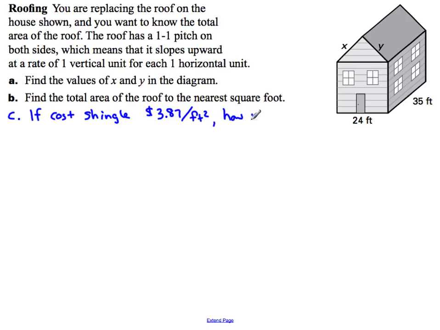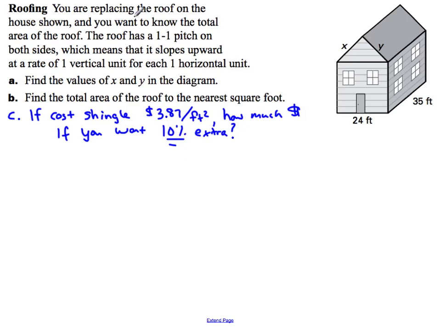How much would it cost if you need about 10% extra for the shingling? So you're going to buy everything that you need, and you also want about 10% extra. How much is it going to cost all the way?